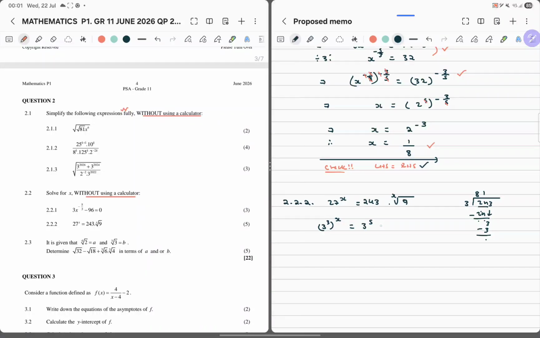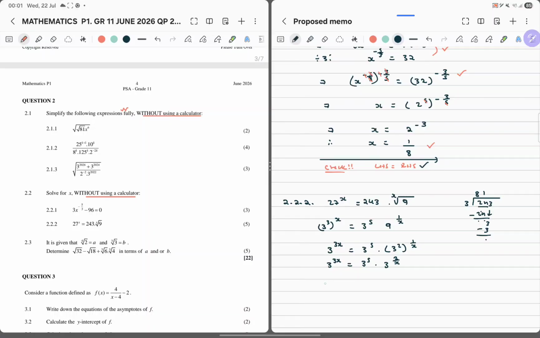Okay, that is cool. And then we're going to have 9 to the 1 over x using our laws of exponents. Now we've got here 3 to the 3x is equal to 3 to the 5 times, this is 3 squared to the 1 over x. So we've got 3 to the 3x is equal to 3 to the 5 times 3 to the 2 over x.